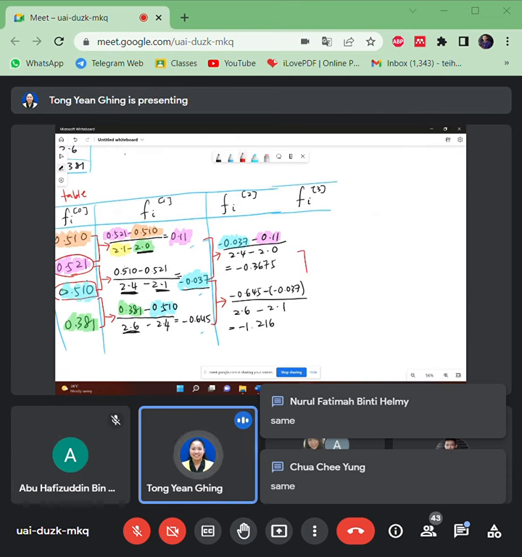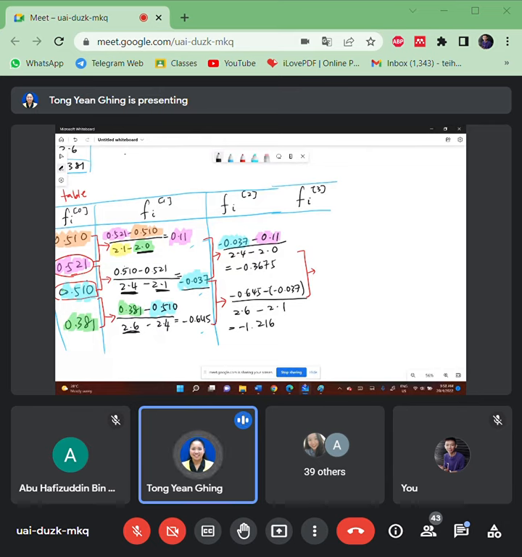Now lagi, we do this one divided difference. Yang ni pula. So ini last kali negative 1.216 minus negative 0.3675 divide by. So look at here. This one's x dia 2.6 minus 2.0. So what is the answer?